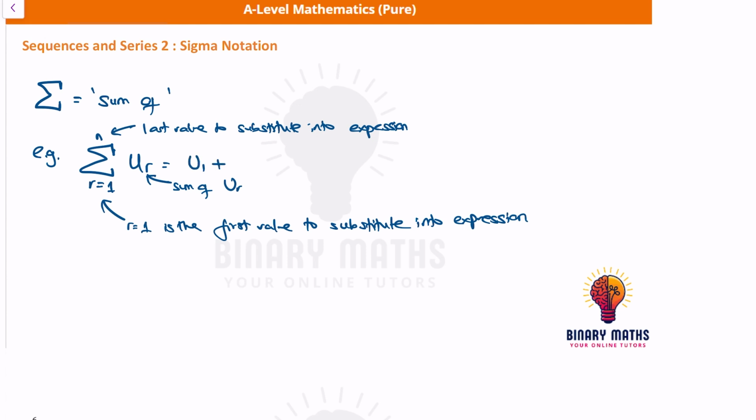Sum means add, so add. What's the next number after r equals 1? It is r equals 2. So then you substitute 2 into this expression. It is ur, you get u2. You substitute 3 next, then 4 next, all the way up to un.